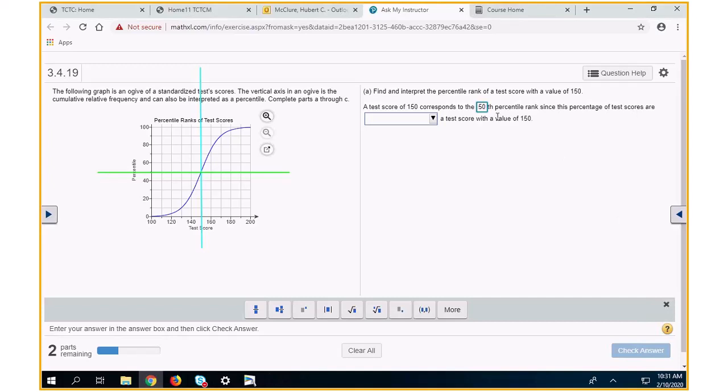Percentage of scores are greater than or equal to, well, it's in the middle. So this percentage of test scores are a test score with a value of 150. Well, you could say greater than or equal to, or you could say less than or equal to, because it's at 50%. It always reads to the left.